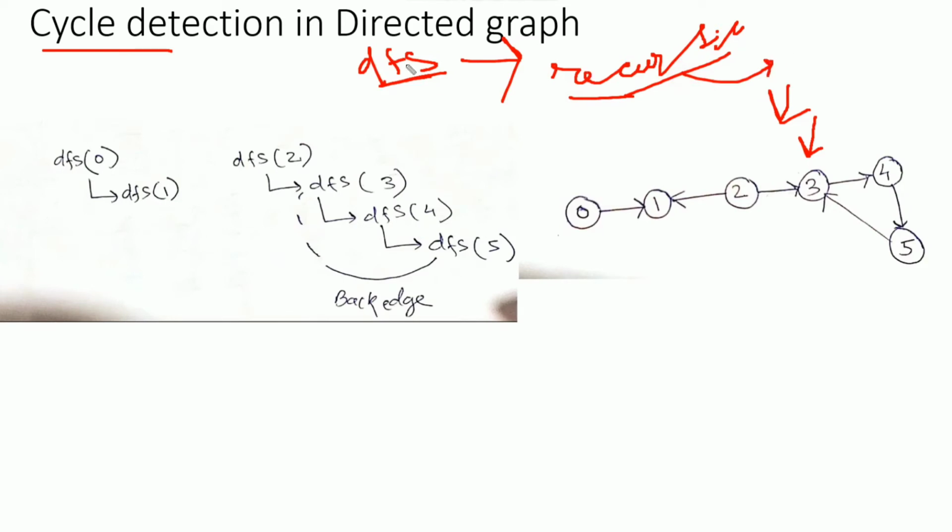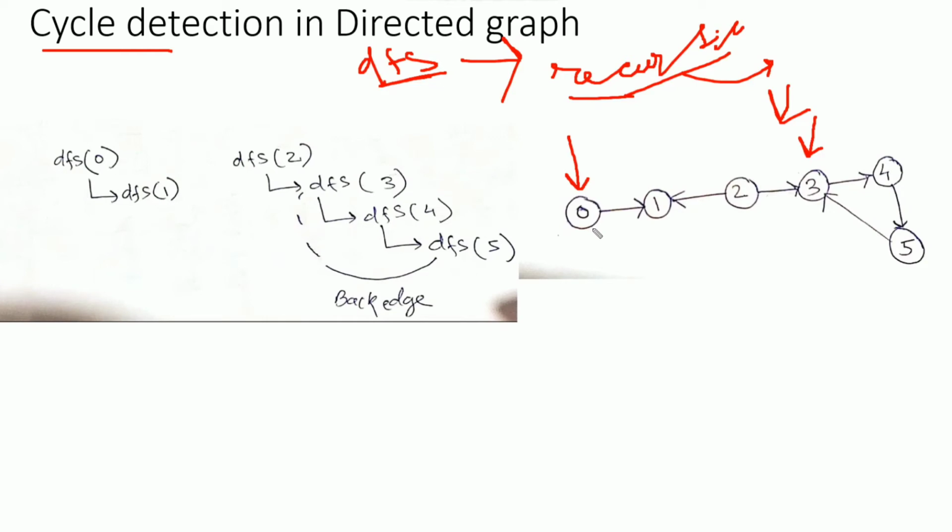So the first step will be to select the starting vertex of a graph. We can have any vertex as starting vertex. Suppose this 0 vertex is my starting vertex. Now as the graph is directed, the adjacent vertices will be only in one way. If we consider an undirected graph, then if 0 is connected to 1, then 1 is also connected to 0.